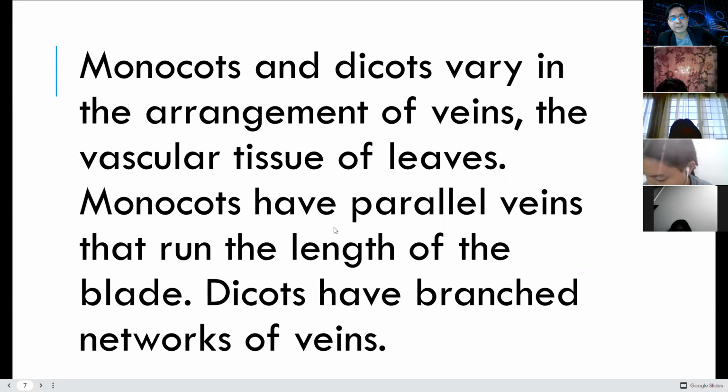Monocotyledon has only one cotyledon. It looks like a seed. When the plant grows, it creates a seed-like form. It is a cotyledon. Again, monocotyledons have parallel veins, and dicotyledons have branched networks of veins.